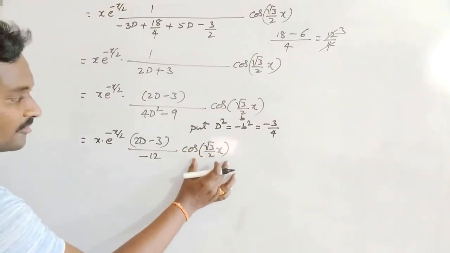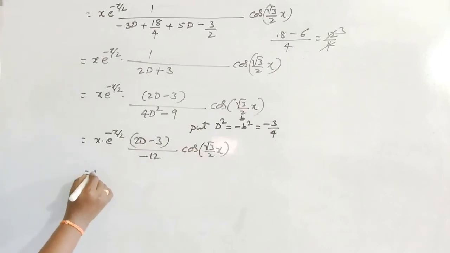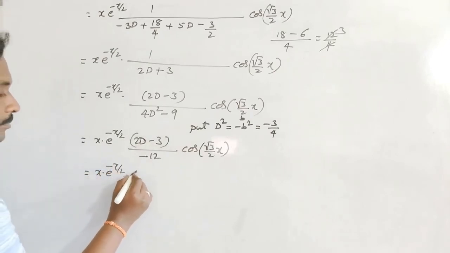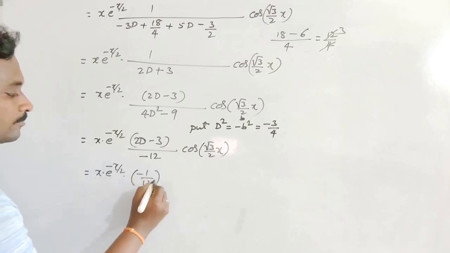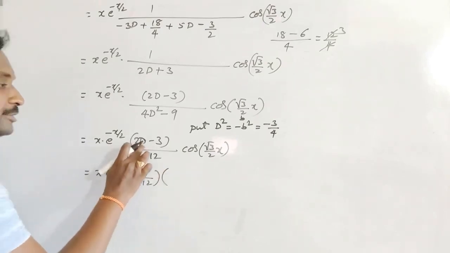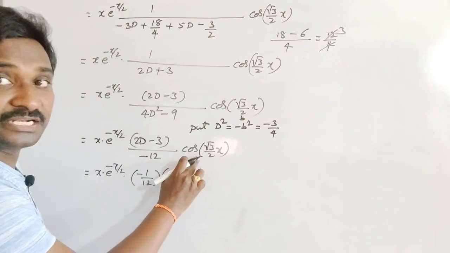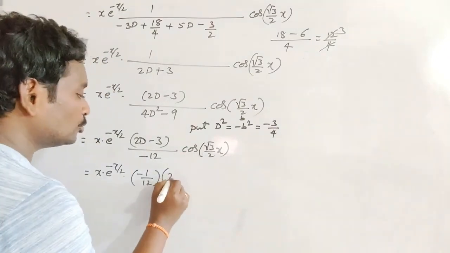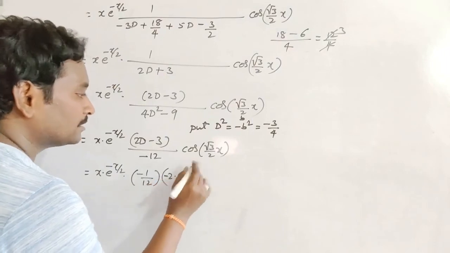So take this cos of root 3 by 2 x inside. You will get x into e power minus x by 2 into minus 1 by 12 whole into 2 into derivative of cos. What is D? D means derivative. Derivative of cos is minus sine. So 2 into minus is there.